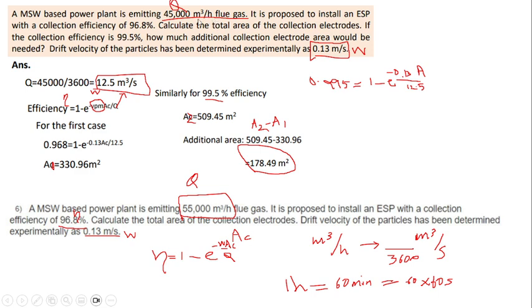So you have to convert the gas flow rate from meter cube per hour to meter cube per second, and you can use the same formula, efficiency is equal to 1 minus e power minus WA divided by Q, to calculate either the efficiency or the collector area.